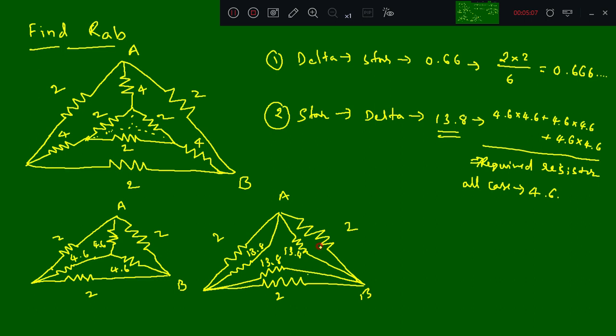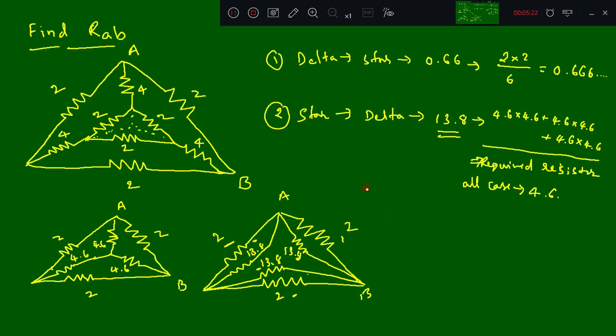Next you can observe that this 2 is in parallel with 13.8, then this 2 is in parallel with this, and this 2 is in parallel with this.